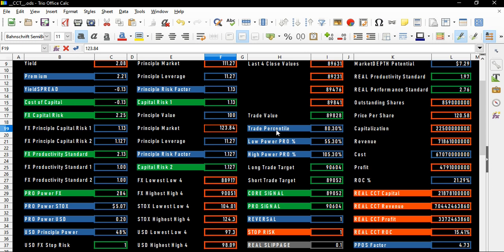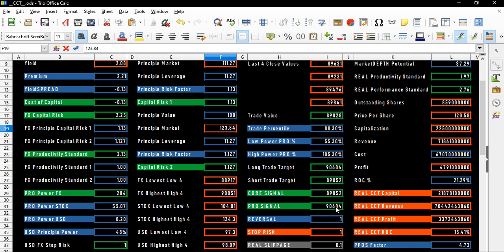And then it will project your long target, your short target, give you the core value pro trading signal and what that target is, and the pro signal from pro trading, what that target is. In this case, they're two different numbers. So we've reached an area where we're at some kind of consolidation or reversal condition.